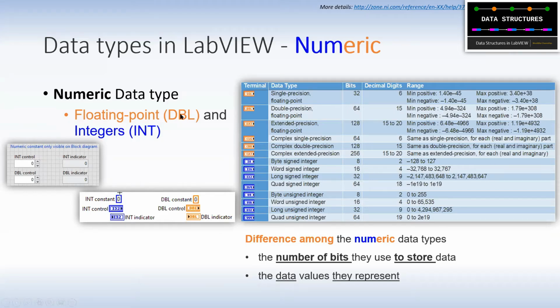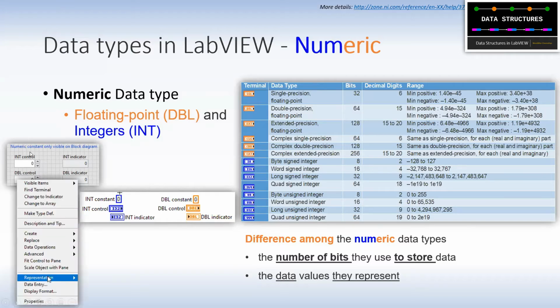So how do you define that you want to set a particular data to a particular length or width? I will show you this one. When you have a numeric data control on your front panel, right click on it and click on Representation.